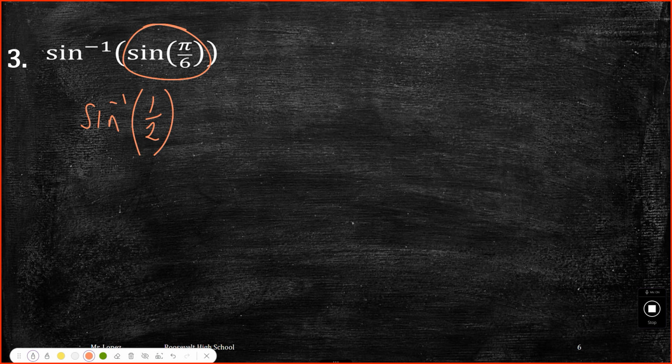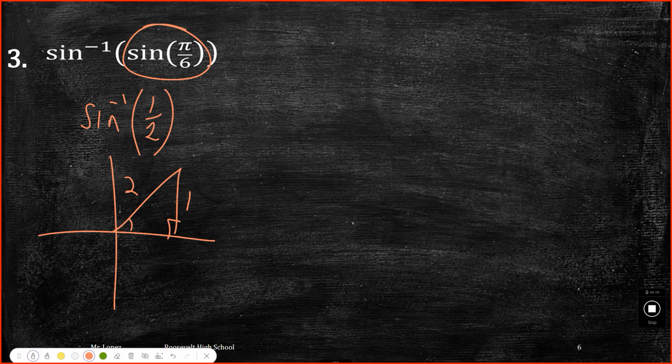Sine inverse. Sine is found where? Inverse is found on the right. So is it going to be the top or the bottom? The top. And the definition of sine is opposite. So what's the answer?